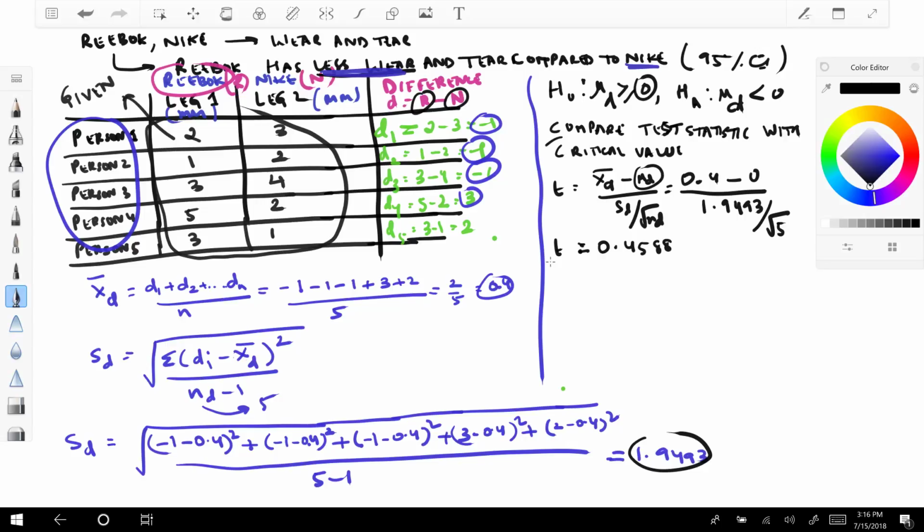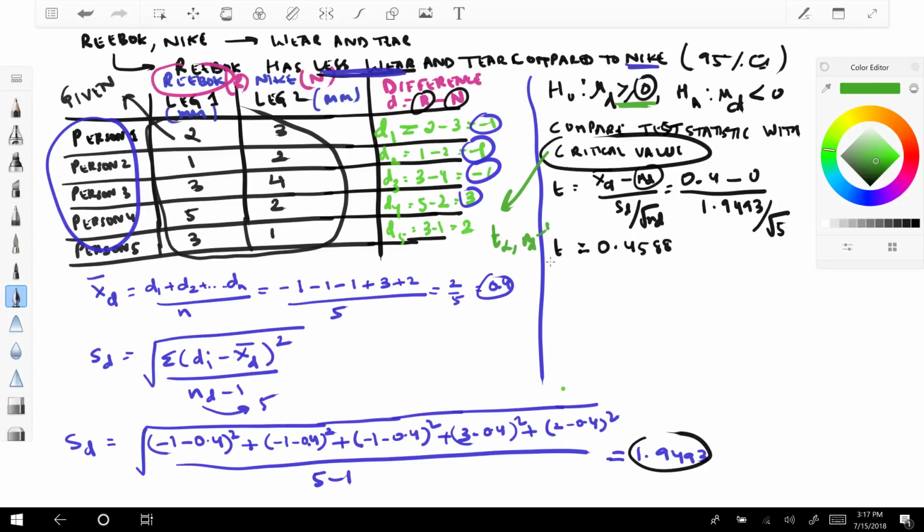So to obtain the critical value, we have to go to our T table. This is a one-tail test, because we have greater than or equal to, we can only check on one side. So we have T alpha, ND minus 1 would be our degree of freedom.